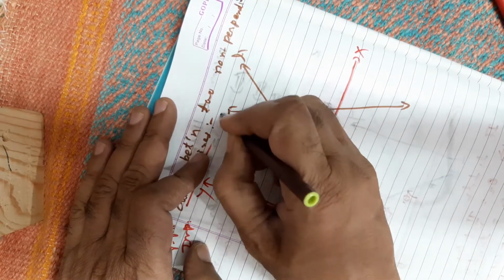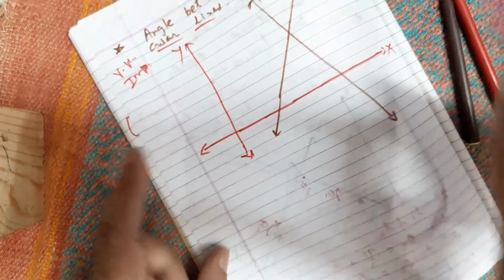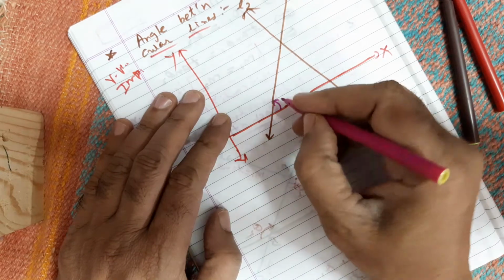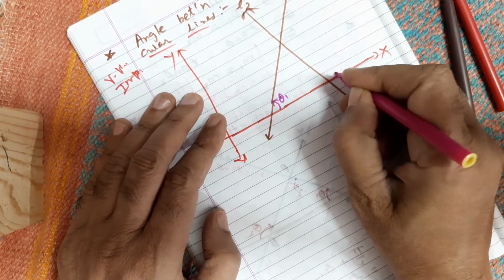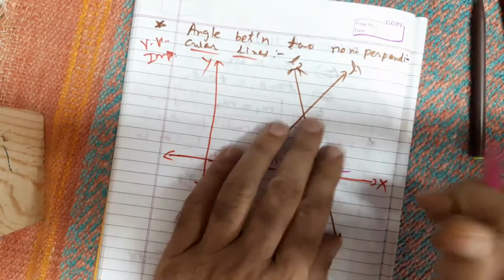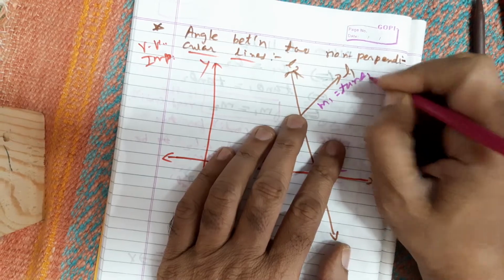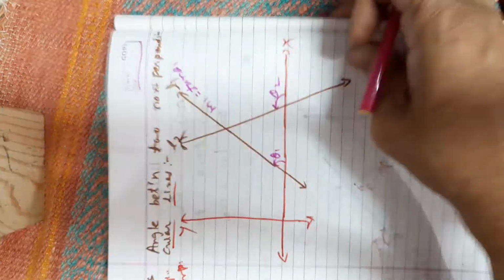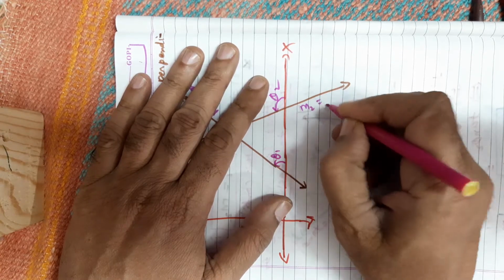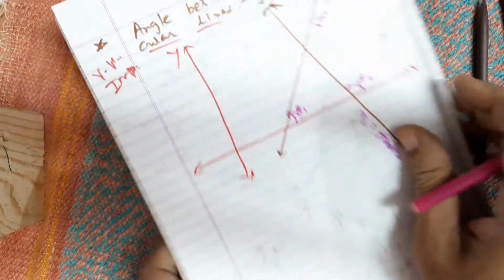Now this angle is again the same thing which we did in the last two theories. Theta 1, this is theta 2. Slope M1 is equal to tan theta 1. I am not explaining all this again. Its slope M2 is equal to tan theta 2. Now the important thing comes.